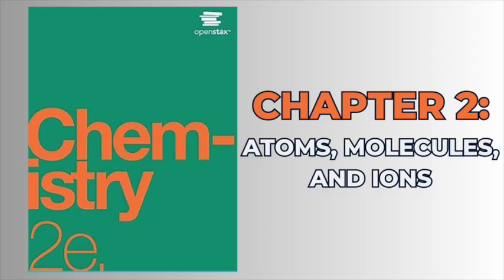Ionic hydrates. Ionic compounds that contain water molecules as integral components of their crystals are called hydrates. The name for an ionic hydrate is derived by adding a term to the name for the anhydrous, meaning not hydrated, compound that indicates the number of water molecules associated with each formula unit of the compound. The added word begins with a Greek prefix denoting the number of water molecules, see Table 2.10, and ends with hydrate.